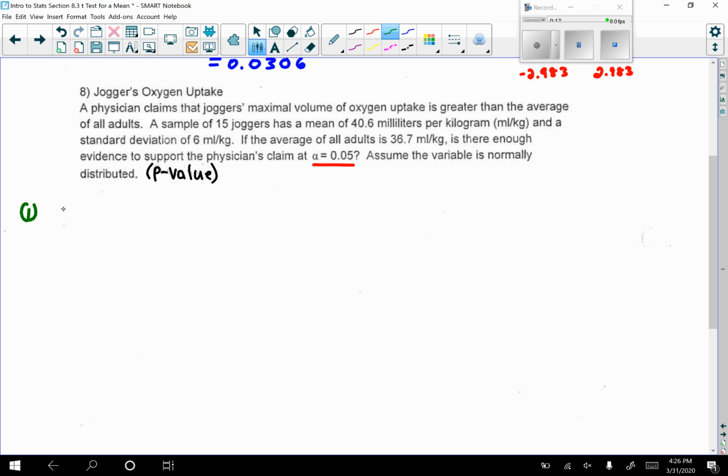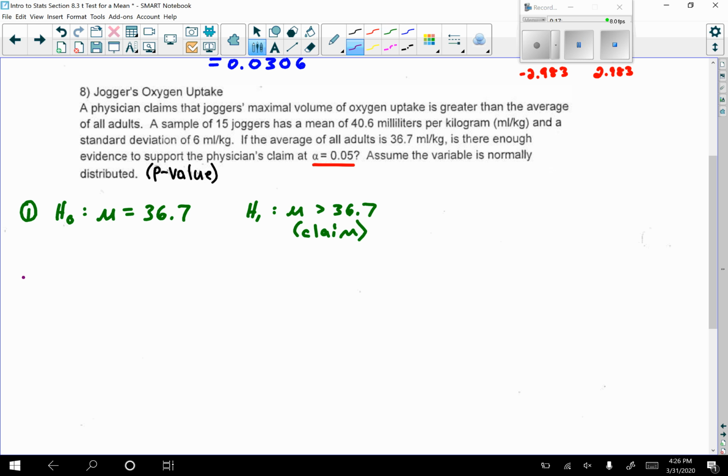So step 1, the null hypothesis is that mu is equal to 36.7. And the alternative is that mu is greater than 36.7 milliliters per kilogram. And again, this is our claim.